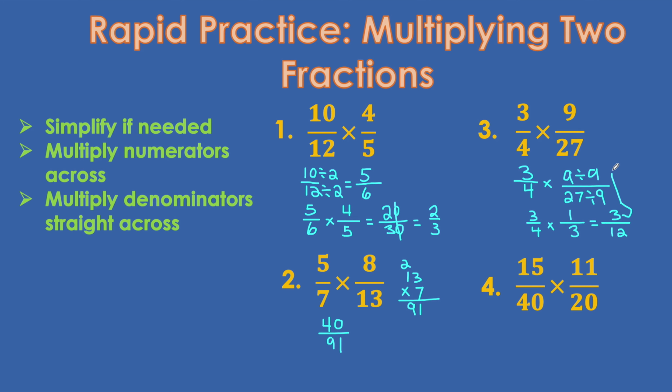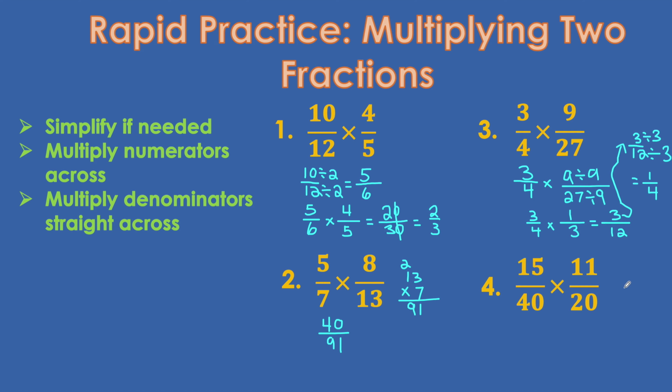So let's simplify it even further. Three-twelfths. Divide top and bottom by 3. Three divided by 3 is 1. 12 divided by 3 is 4. Our final answer is 1/4.